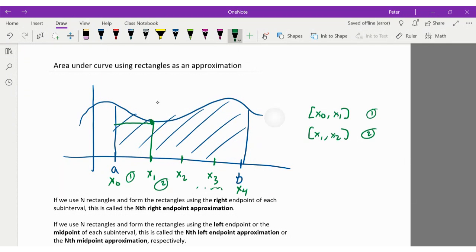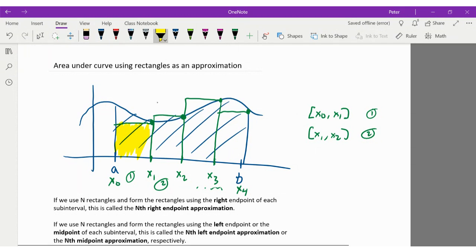What I'm doing is I'm using one of the points associated with each subinterval to define the height of each rectangle. So in this case, I'm using the last point in each subinterval to define that. And then what I can do is, that was the wrong way to do that. There we go.